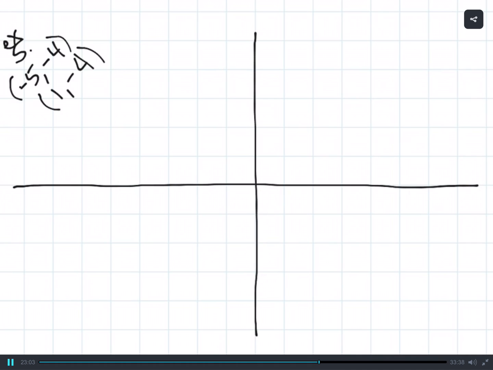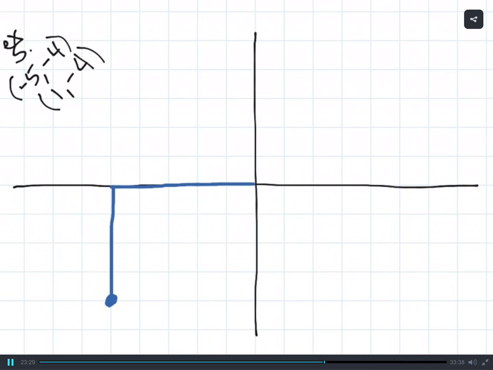Okay, so remember, plotting points is backwards from doing slope. So I am going to go to the left 5, and then I'm going to go down 4. And there's my point, okay?